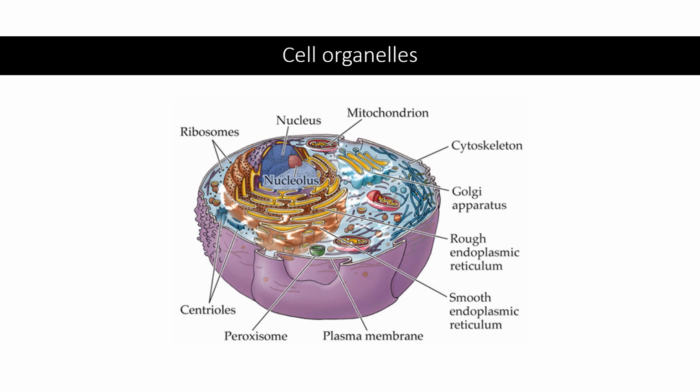And this cell wall makes plant cells a lot more rigid than animal cells. And plant cells, as I have said, have chloroplasts in them, which we are also going to be reading about in detail later. And the substance that fills up the cell, the fluid, is known as the cytoplasm.